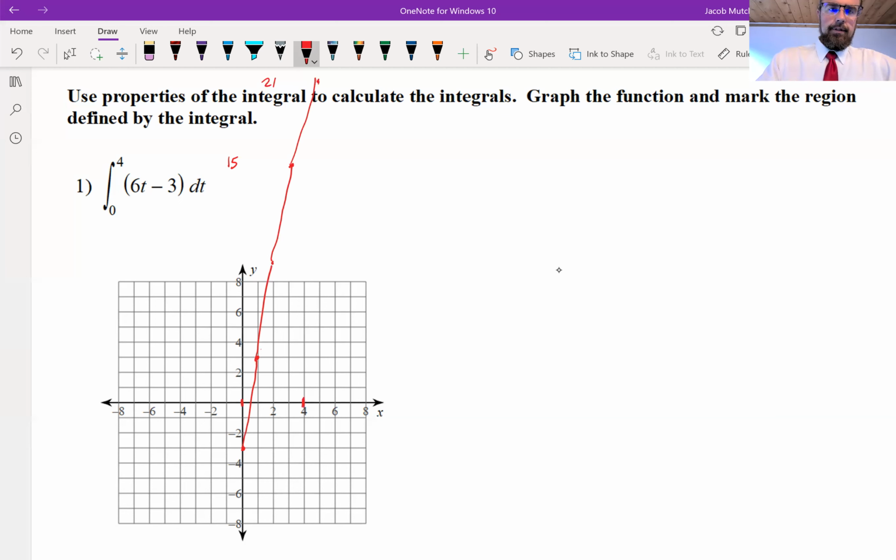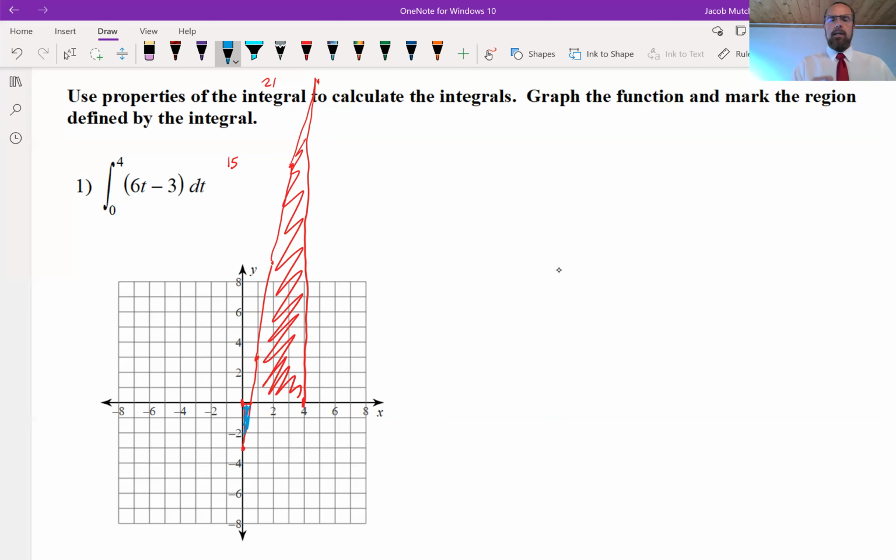And that is really the area that we're trying to calculate. If I do a rough sketch here, we want to calculate the area between this function and the x-axis. I do note that there is a piece there that's going to be negative area. So again, I've got to calculate one as positive, one as negative.